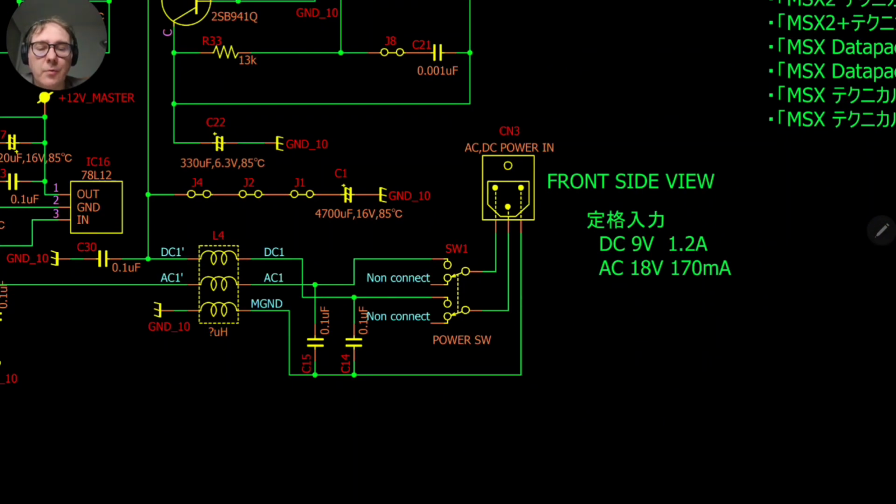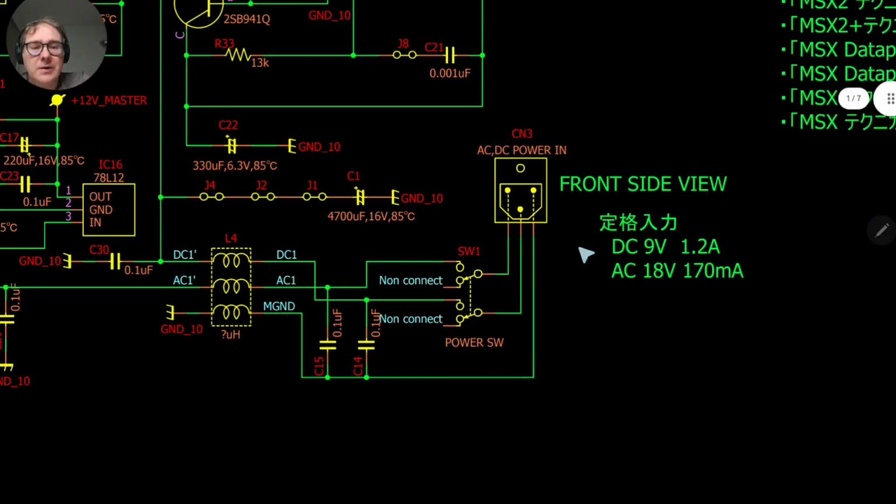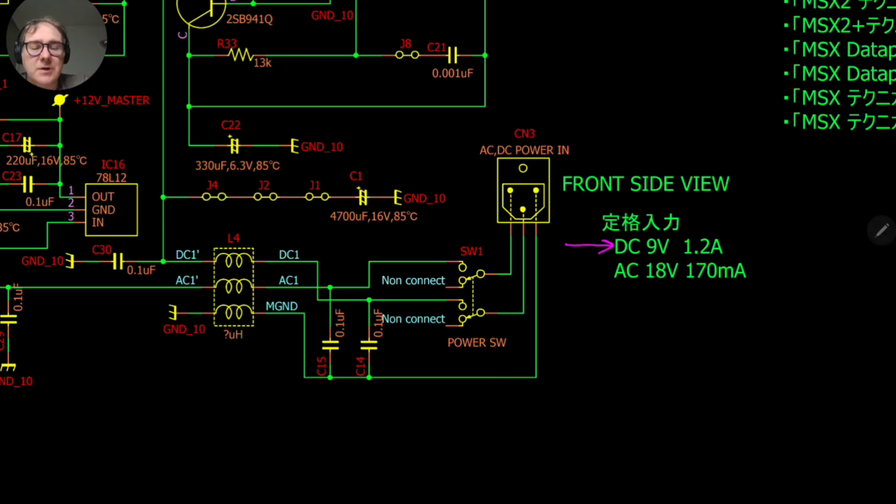So from the connector we have 3 pins. One of them is ground, so voltage 0. The other one is 9 volts DC with a lot of amps compared to the AC, so this one can draw 1.2 amps.